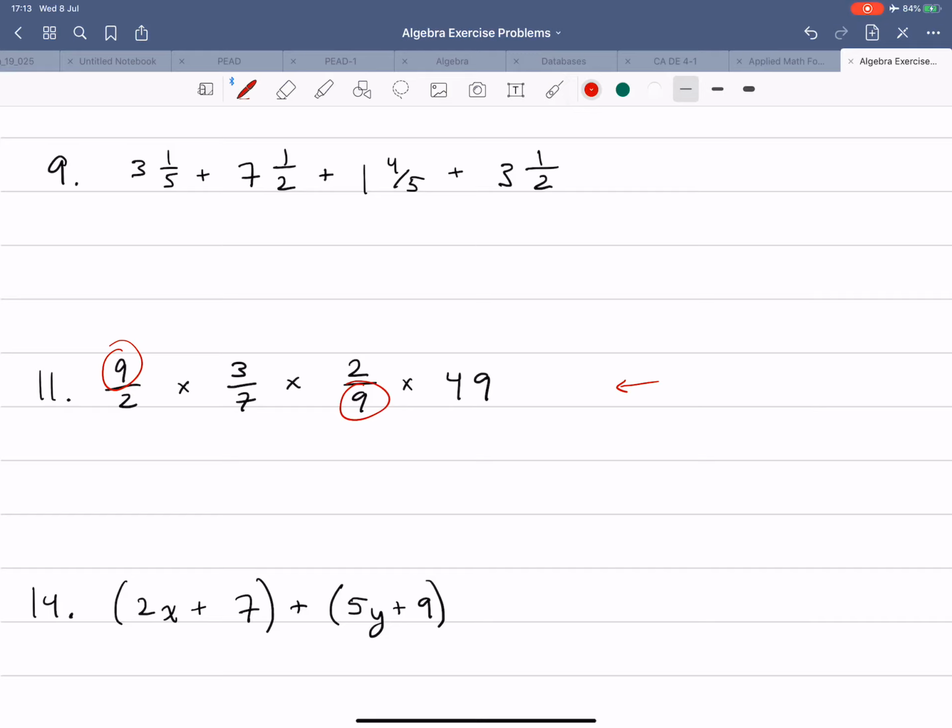So I know that when I multiply 9/2 with 2/9, and in fact I've got the 2 in the denominator and the 2 in the numerator, these are just going to cancel each other out, right? 9/2 times 2/9 is going to give me 1. So I just want to point out to be on the lookout for those kind of things so that you're not just multiplying all the way across, like 9 times 3 times 2 times 49 divided by 2 times 7 times 9. Try to make your life a little easier and simplify a little bit as you multiply.